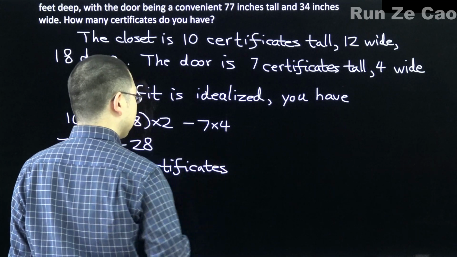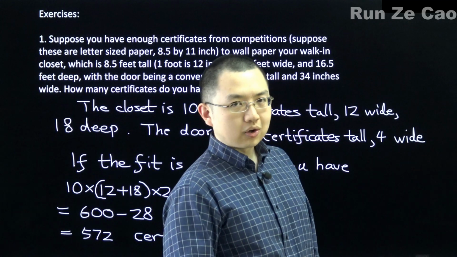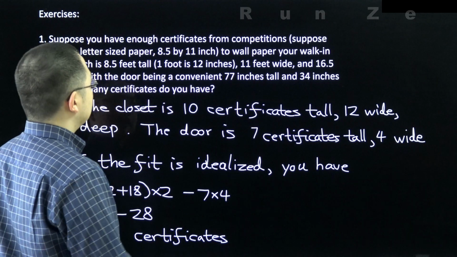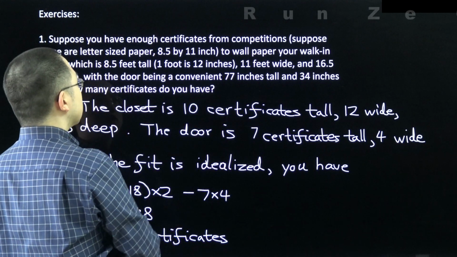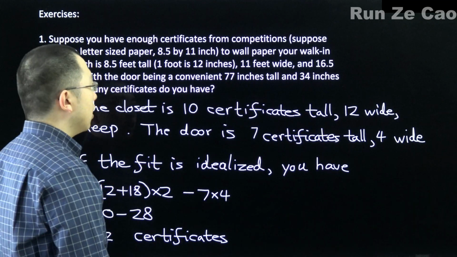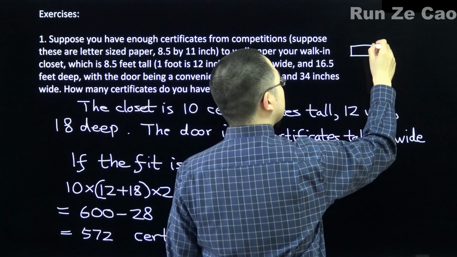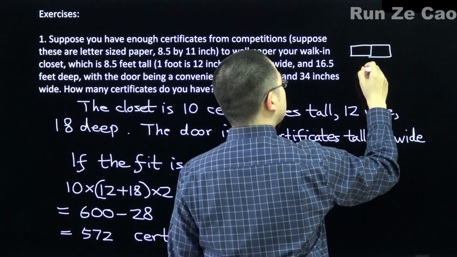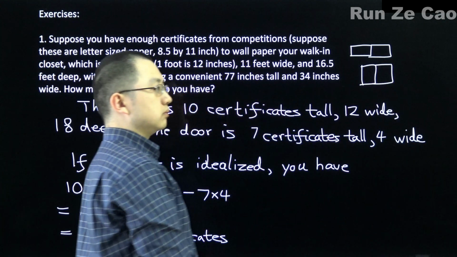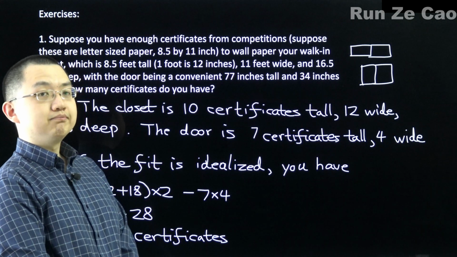But we also have another problem, guys. Notice that the door is 77 inches tall. And notice that the other certificates we used to cover the walls were laid out horizontally, like this, in landscape, whereas the door was vertical. We have a spacing problem.